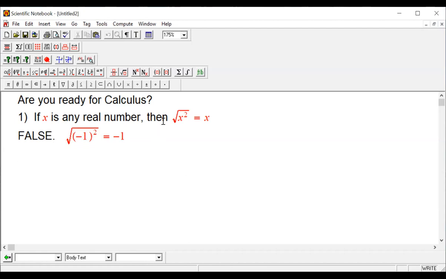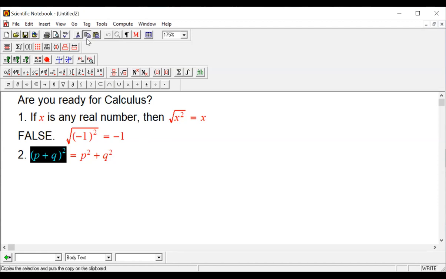Question number two says (p plus q) squared is p squared plus q squared. And of course we know this is wrong, right? This is a very common mistake, by the way. This is a very common mistake we see in calculus, okay?